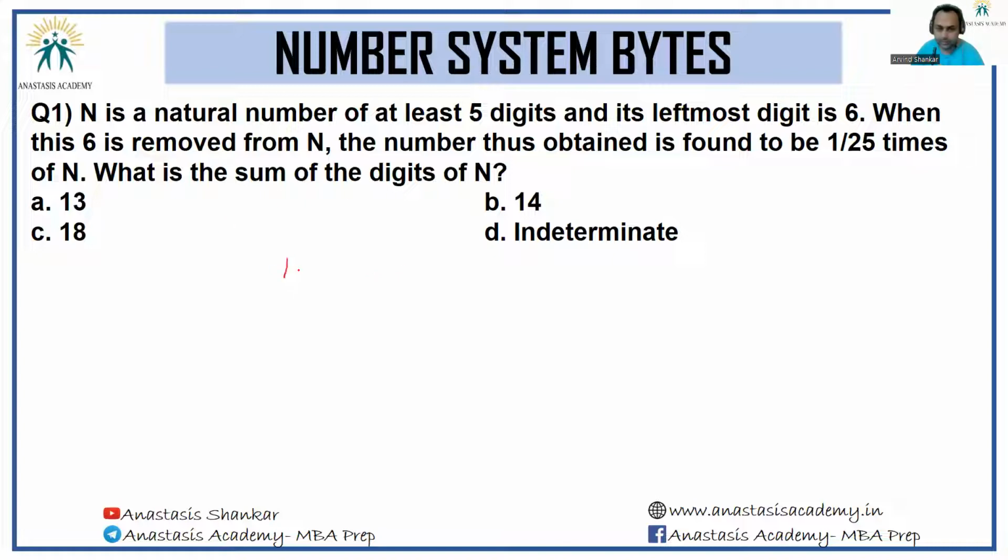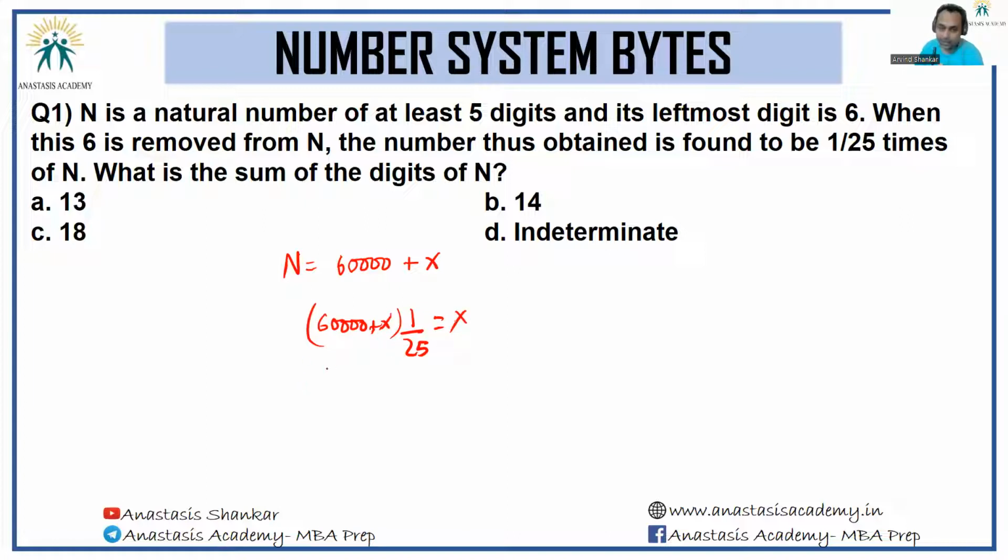So n, the smallest variation of n, would be 60,000, 6 followed by 4 zeros, plus some 4-digit number x. So 1/25 of this, 60,000 plus x into 1 by 25, is equal to x itself.